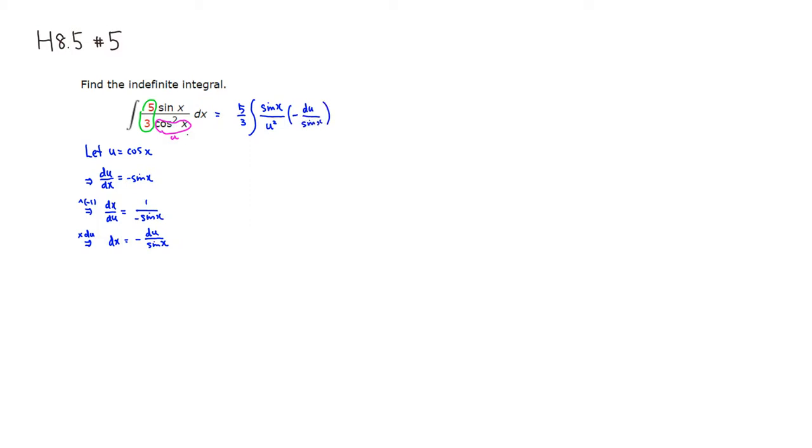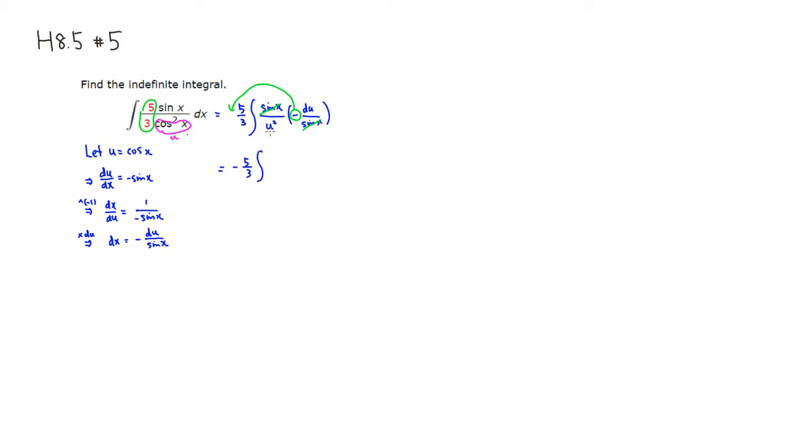So we can cancel sine of x on top and sine of x on the bottom, and I can probably bring this negative sign outside. So you're going to get negative 5/3 integral.